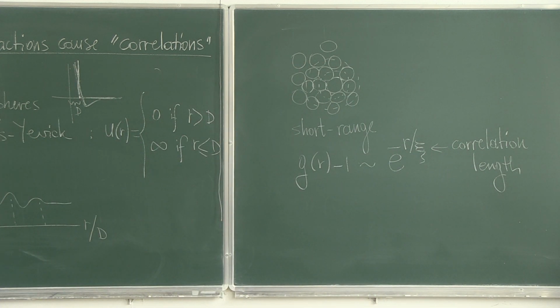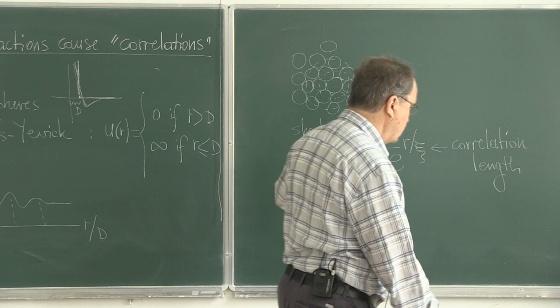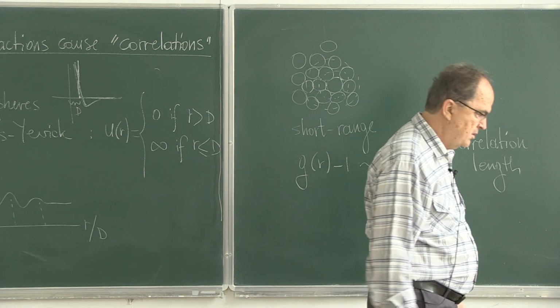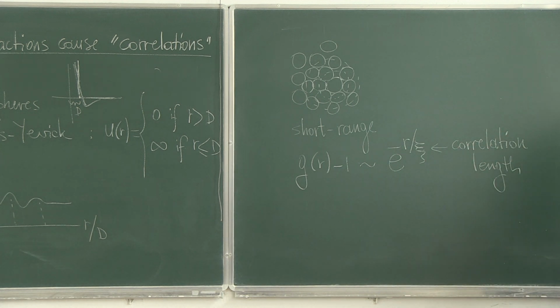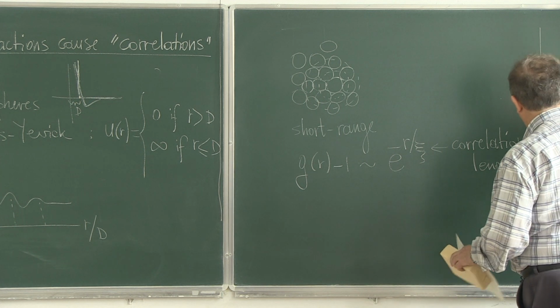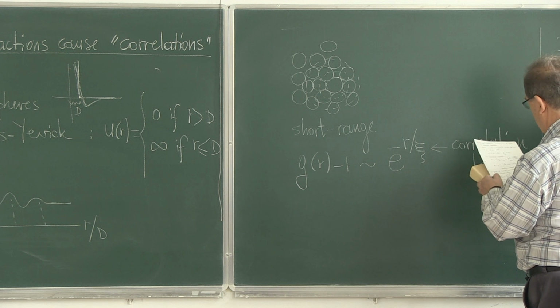I told you this can be measured experimentally, and I'll give you the related quantity. But using G of R, if you have G of R, either from experiment or from a theory, you can calculate pressure, for example, energy. You can calculate everything. Here are some important relations. You can calculate pressure. Please check your book.